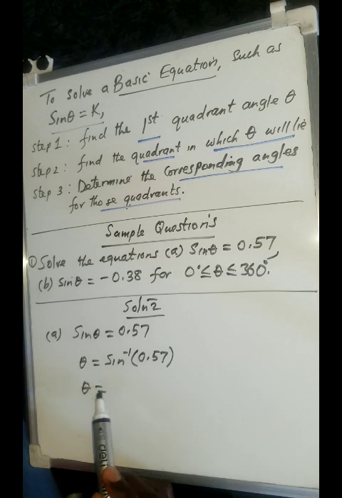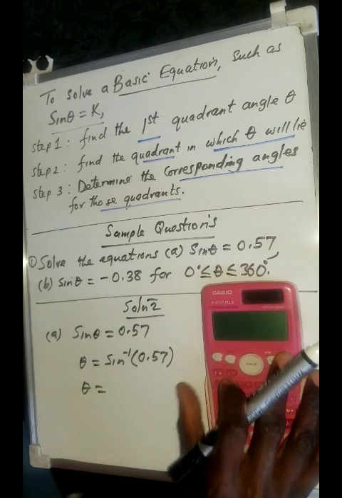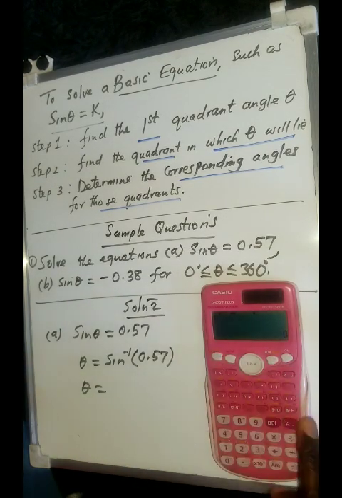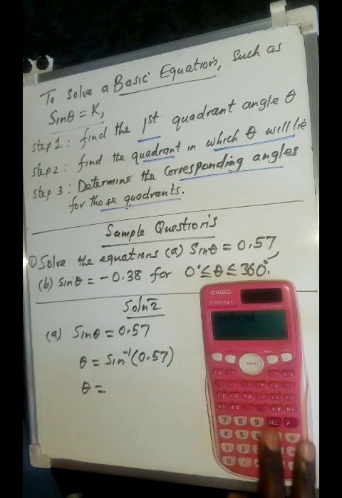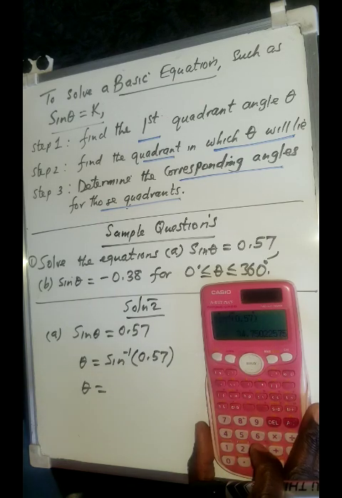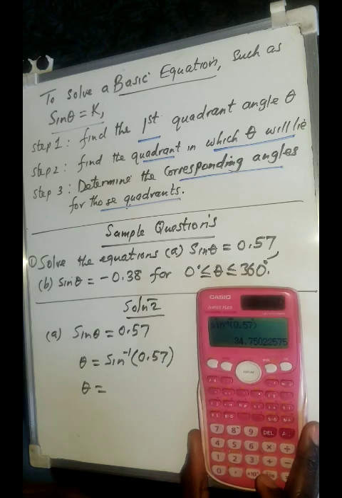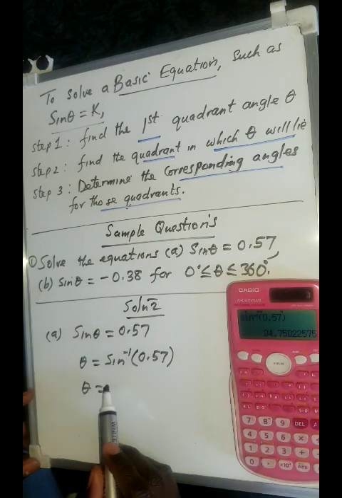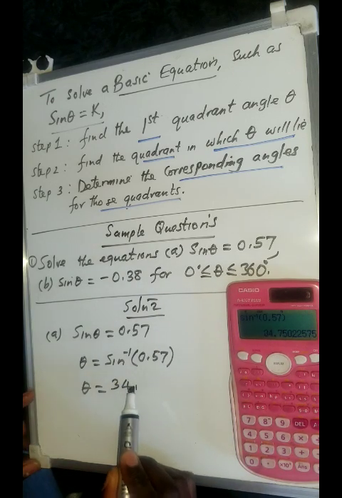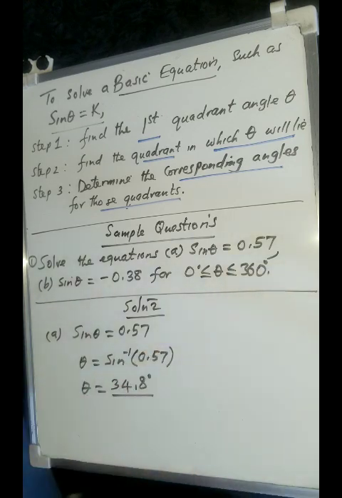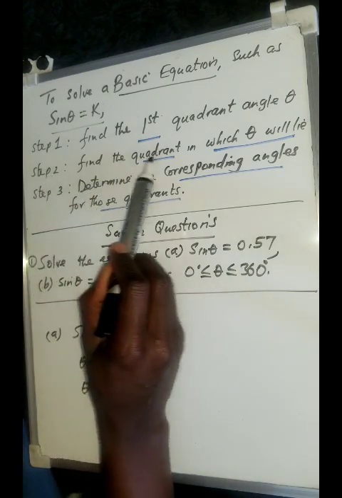The angle in the first quadrant, if you use your calculator, is sine inverse of 0.5, and it is giving me 34.8 degrees. Angles are left to 1 decimal place.